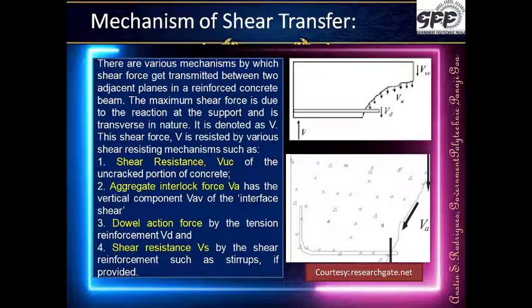We have to understand one thing: in a beam, whether it is a simply supported beam or a cantilever beam, the maximum shear will always be at the support. The support reaction defines the maximum shear. Whatever may be the beam, the maximum shear will be equal to the upward reaction given by the support.